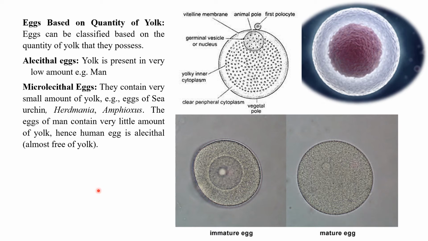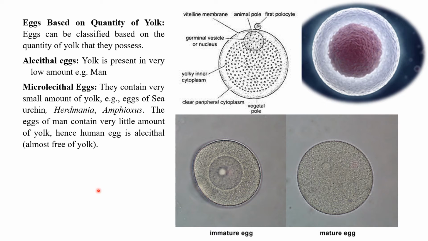This kind of egg can be observed in those animals where the young ones are supplied with nutrition throughout the development in a specialized structure called the uterus. And this kind of egg can be seen in all mammals except egg-laying mammals, including human beings as well.